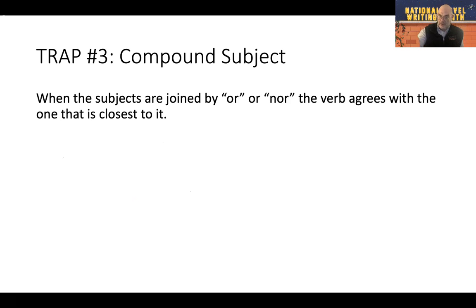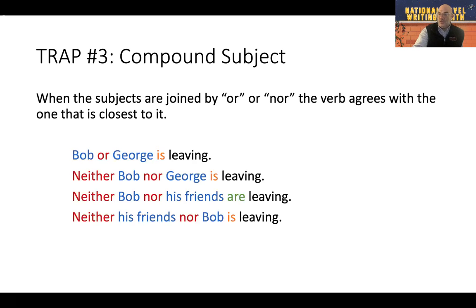They're both going, therefore it is plural. But what if they're joined by "or" or "nor"? Well, that is no longer plural. If I say "Bob or Tom is walking down the street," well, they're not both going, right? One of them is going. It's not specified which one, but it's Bob or Tom. So by definition, it's not both of them. It stays singular. This is where it can get a little bit tricky, okay?